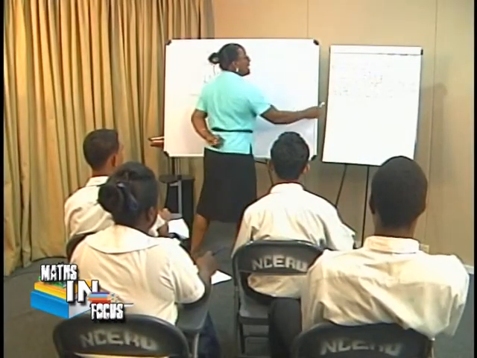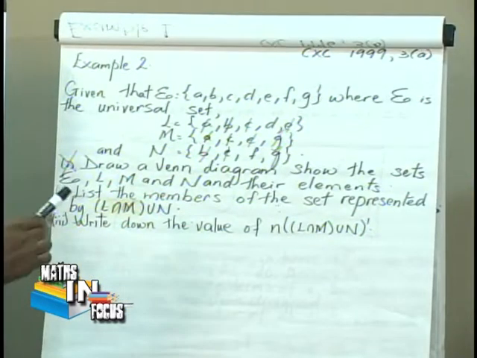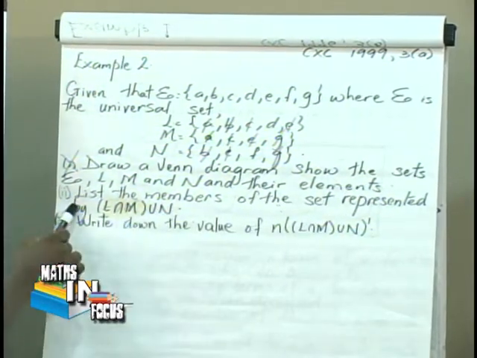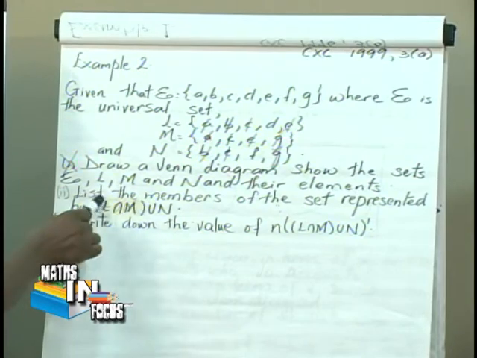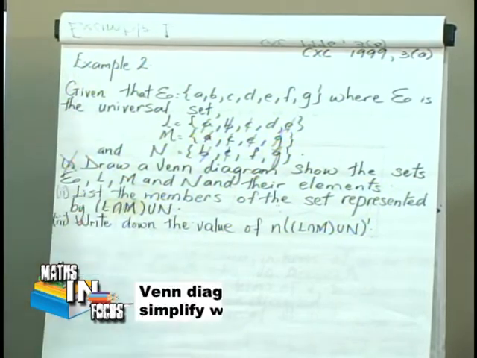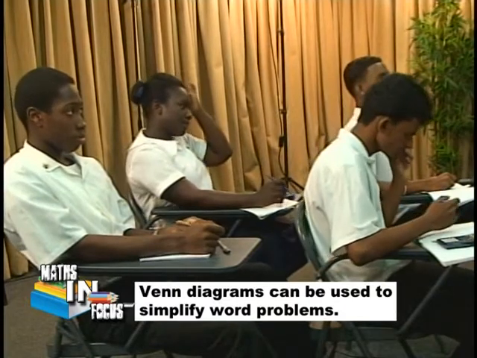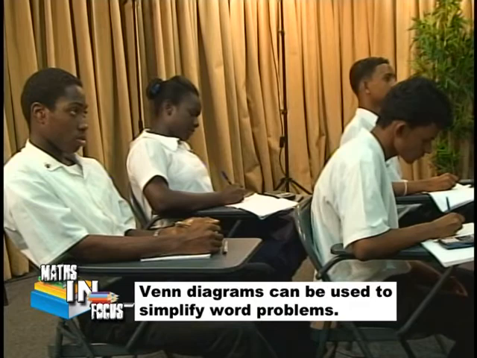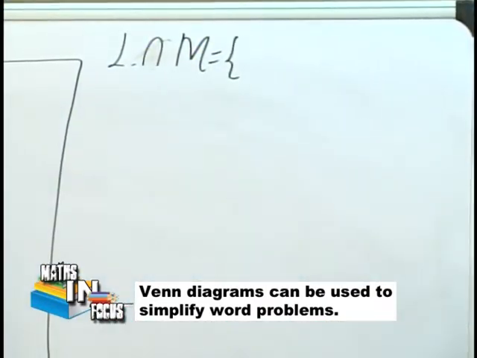Second one. List the members of the set represented by L intersect M, and we take that set and union it with N. So first of all, we're going to find L intersect M. And when we intersect L and M, what do we get?